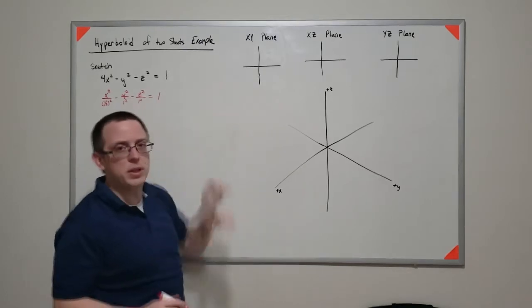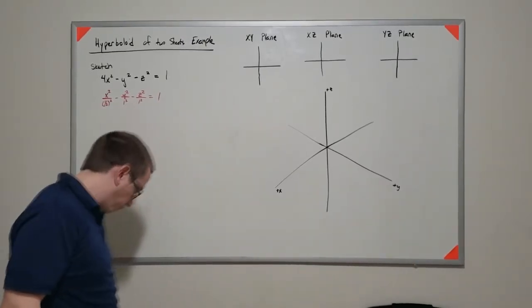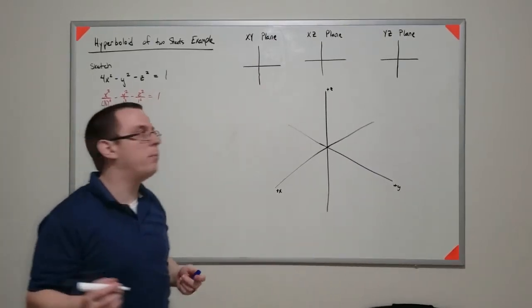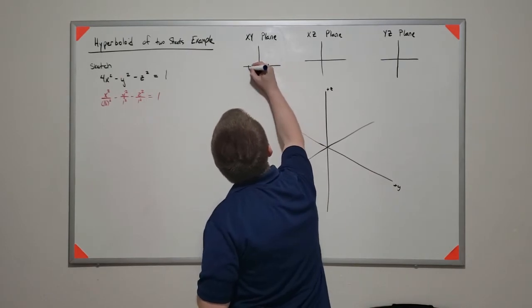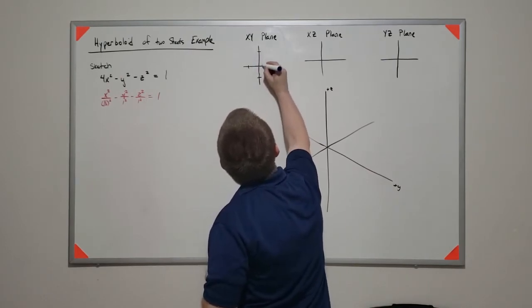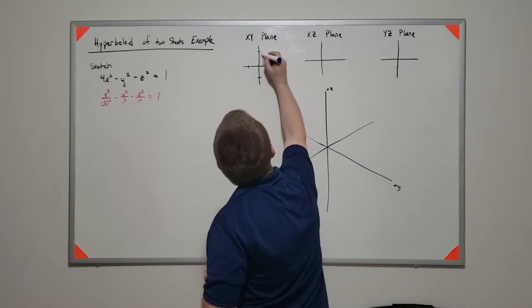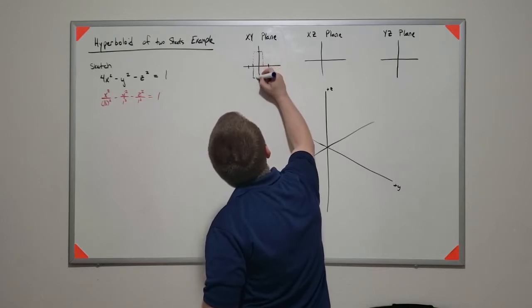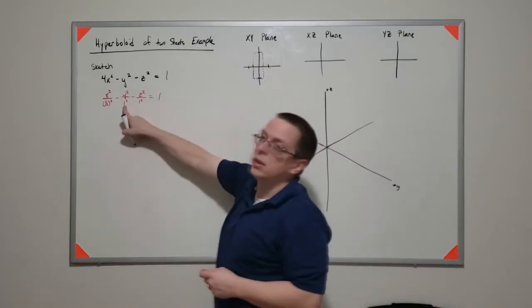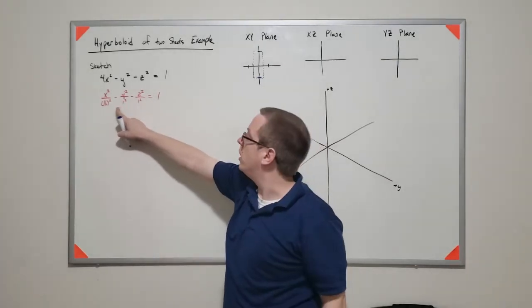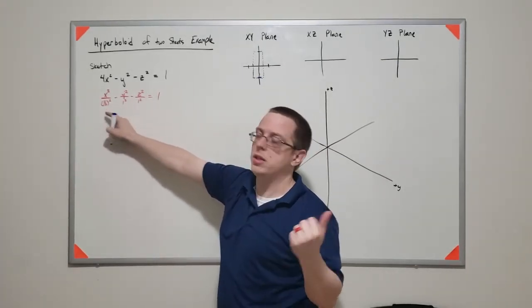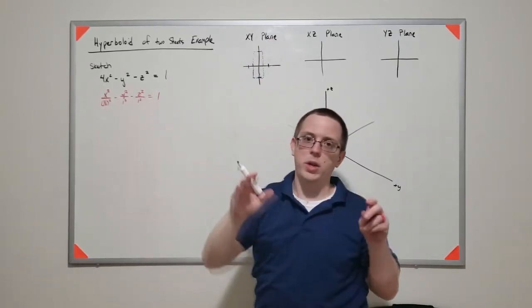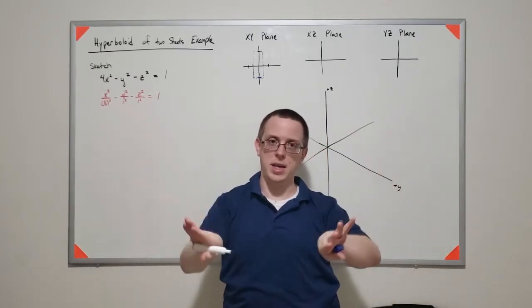So let's sketch what happens in the xy plane. In the xy plane, if we set z equal to 0, we can form that box, where y goes from -1 to +1, and x goes from -1/2 to +1/2. And since the x is the one that is positive, we know that it's going to be a hyperbola that strikes the x-axis.